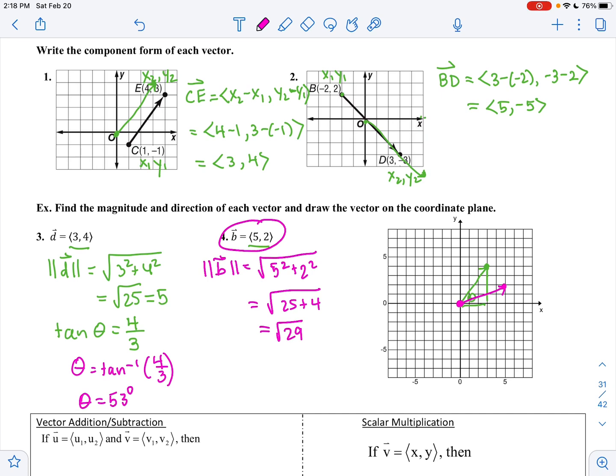And once again, we use tangent. Tangent of theta is equal to the opposite is 2, the adjacent is 5. Now, if I wanted to solve for theta, theta is equal to inverse tangent of 2/5.